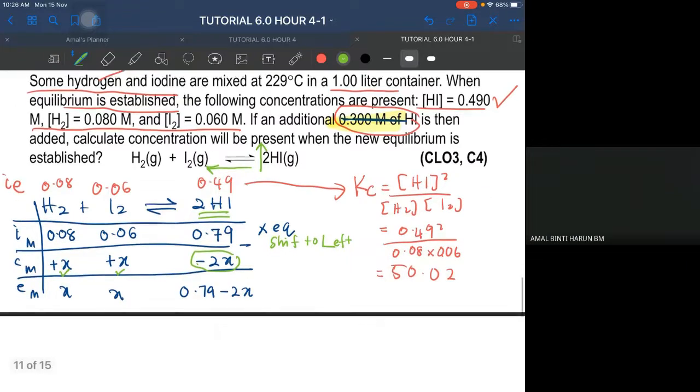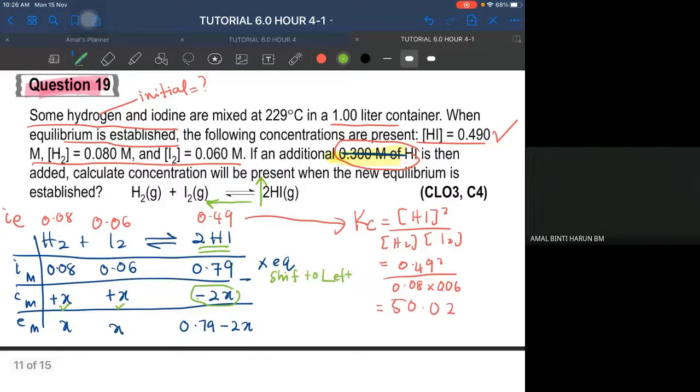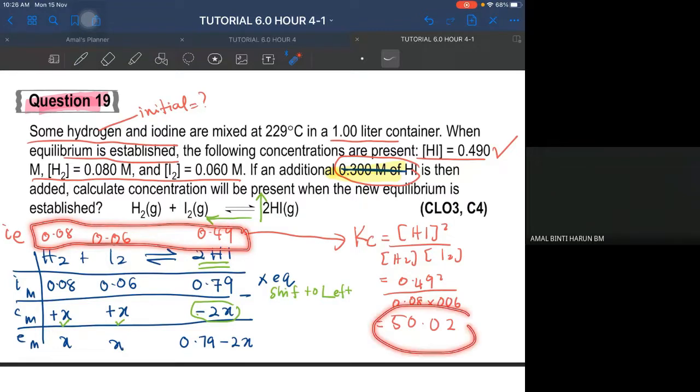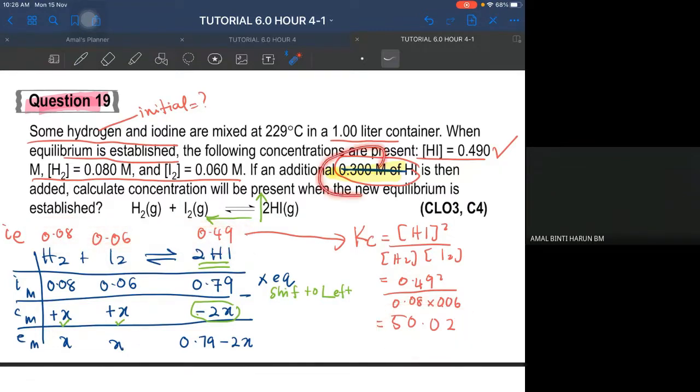If you don't believe it, you can prove it based on your calculation. Originally it is at equilibrium, and you calculate the value of Kc. Next, you add this one, so the concentrations are not at equilibrium. Substitute these three concentrations into Qc and compare your Qc with your Kc.